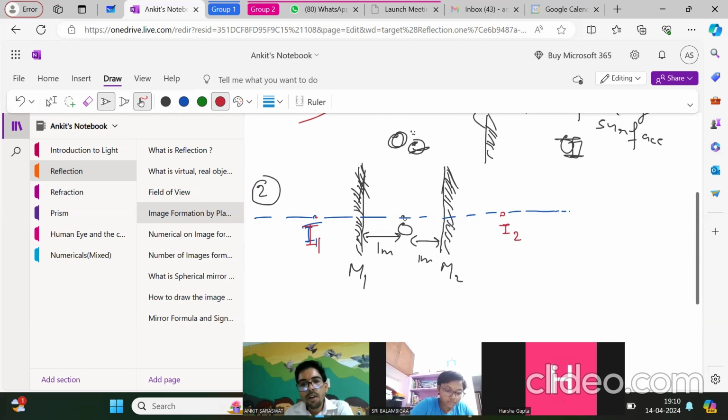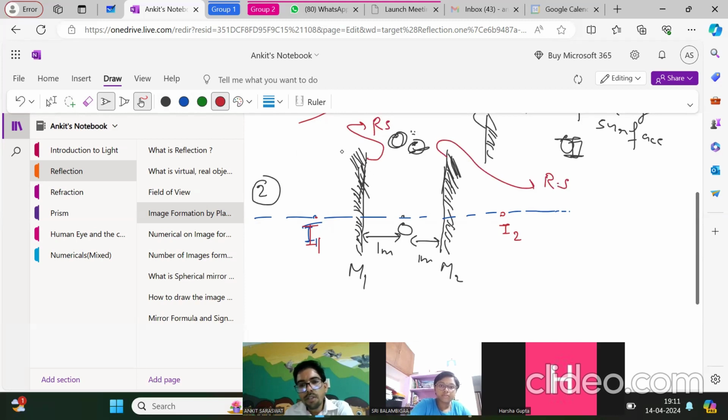Clear? Now these two, now tell me, for this mirror, see this mirror only. Here the polish is here. So for this mirror, M1, this is the reflecting surface. For this mirror, this is the reflecting surface.